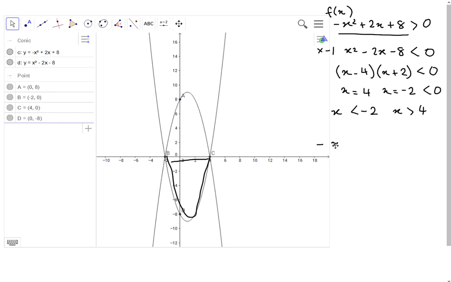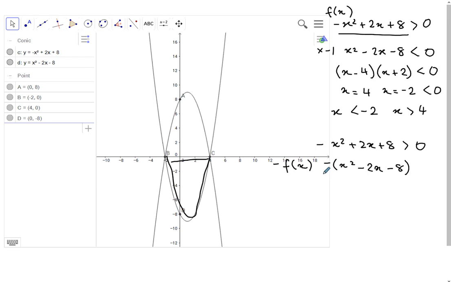So you've got minus x squared plus 2x plus 8 is greater than 0. Now that would be minus x squared minus 2x minus 8. Okay? And that would be your function minus your function.